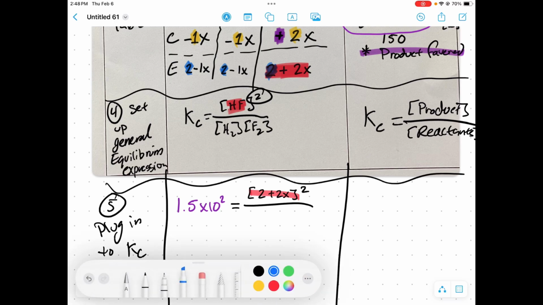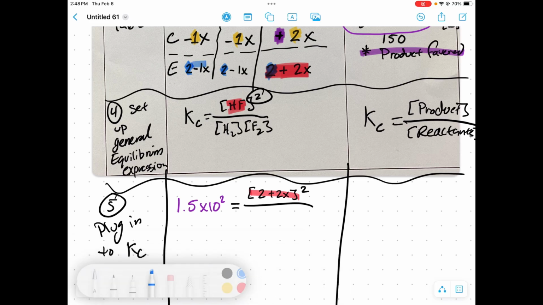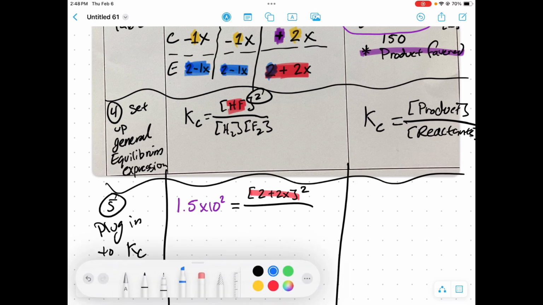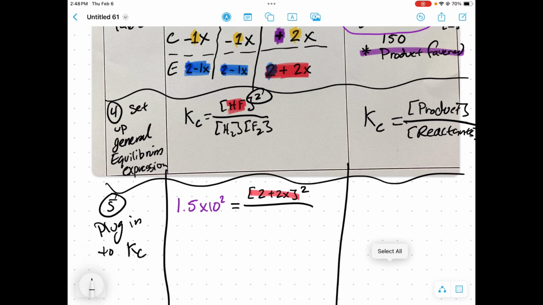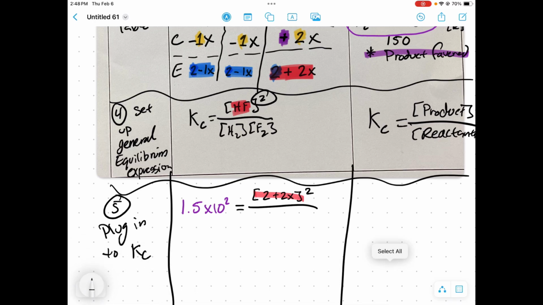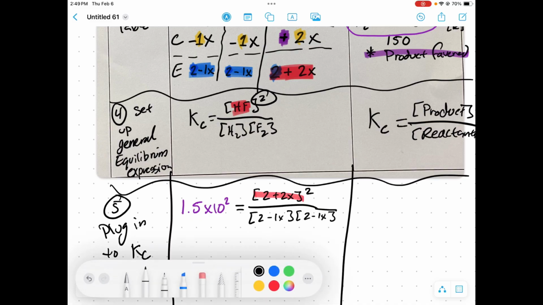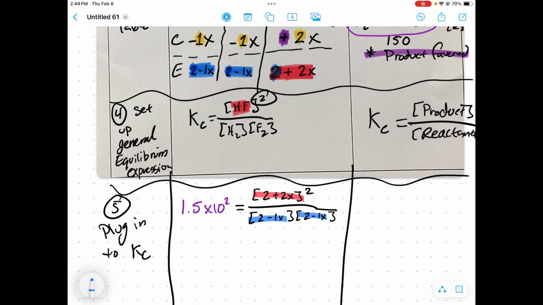We'll do blue for this. I have 2 minus 1x and 2 minus 1x. So from here, I'm going to do 2 minus 1x and then 2 minus 1x. And those were those blue highlights.